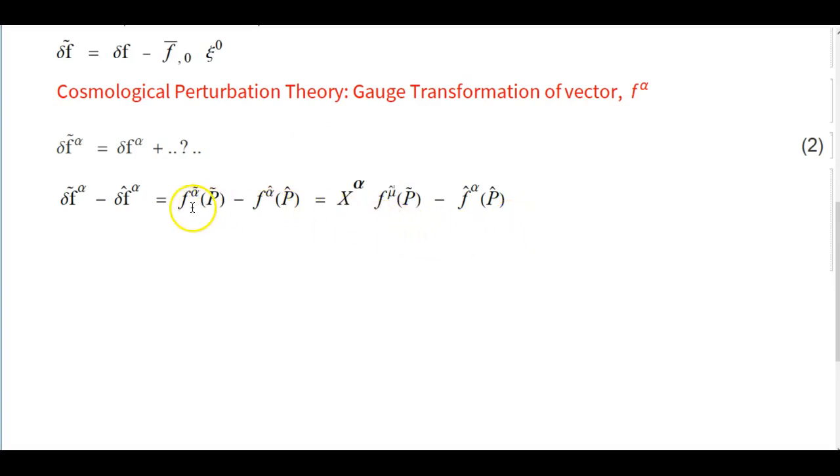I'm transforming the value of f alpha from gauge 2 to gauge 1. So this is gauge 1 at point p tilde, and if this is gauge 1 mu caret, and then mu caret is here, and this is alpha caret, this guy.